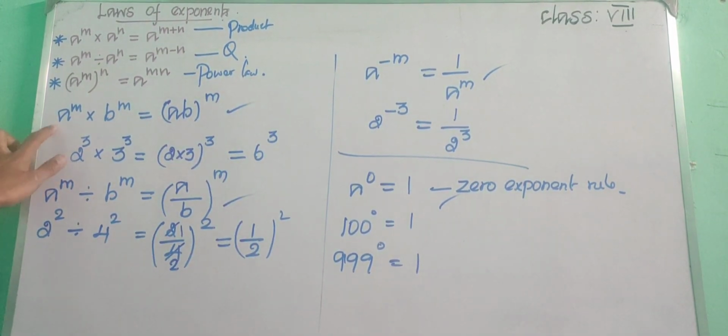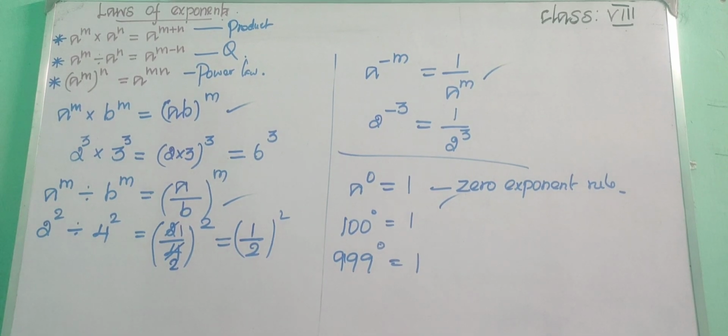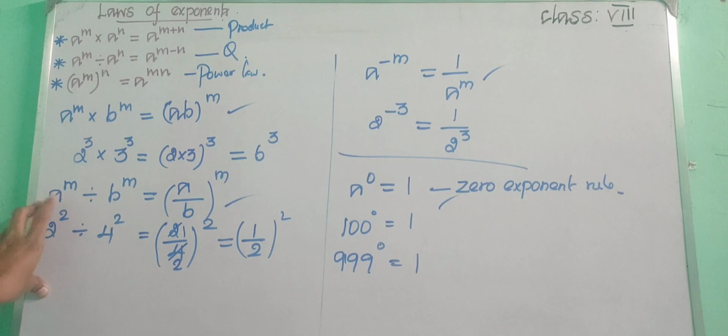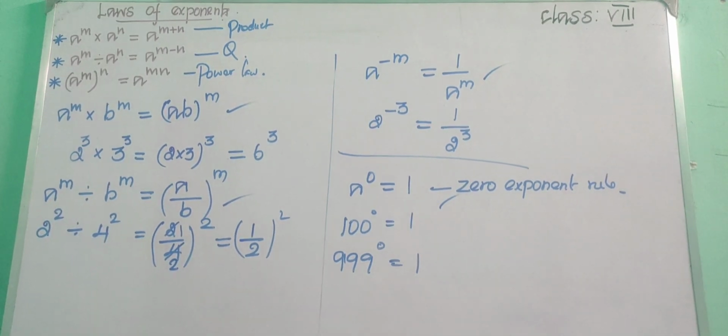Then we learnt, if you are having different bases and the powers are same, how will you write? We can write it as ab the whole power m. And if you are dividing with different bases but the powers are same, a power m divided by b power m equal to a by b the whole power m.